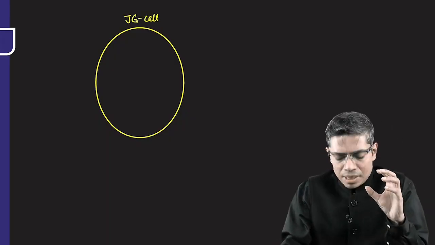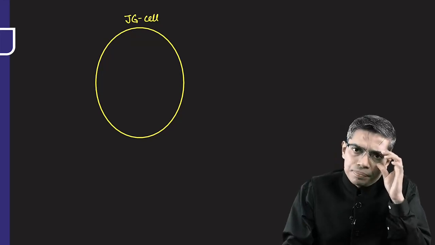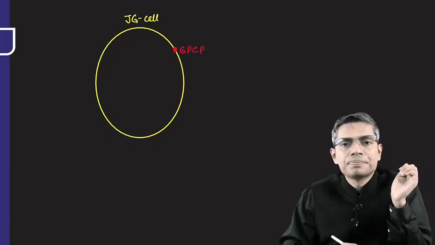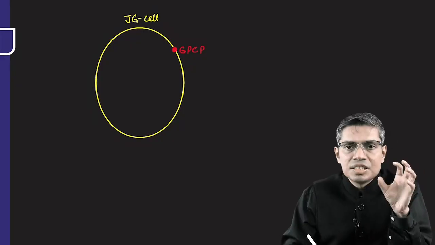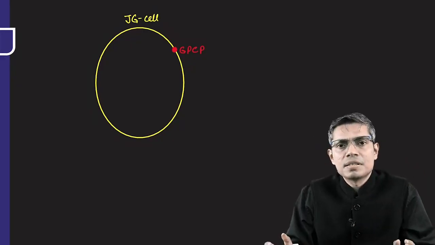Now the JG cell contains many G protein coupled receptors. I'm drawing one G protein coupled receptor here. This is nothing but either Gs or Gi. All these things in detailed version will be discussed in endocrine physiology.